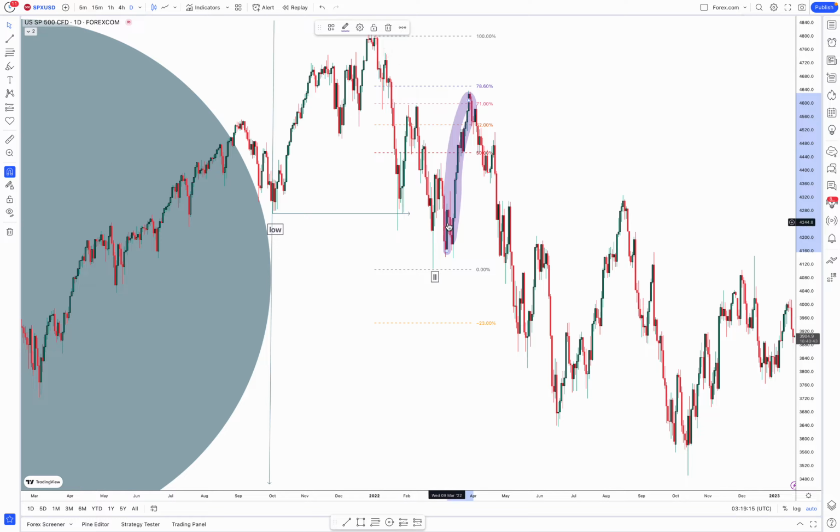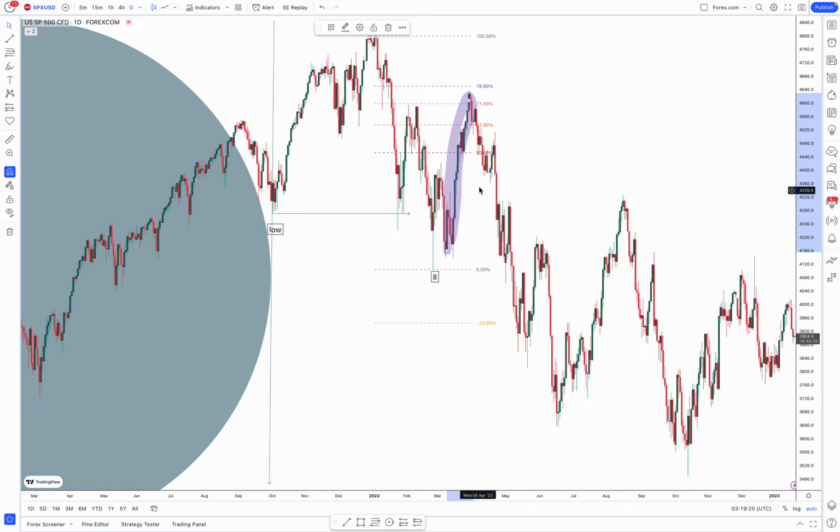So this area of retracement is definitely to be considered. So we're going to call that a lower high. Then the market started to go lower and lower.